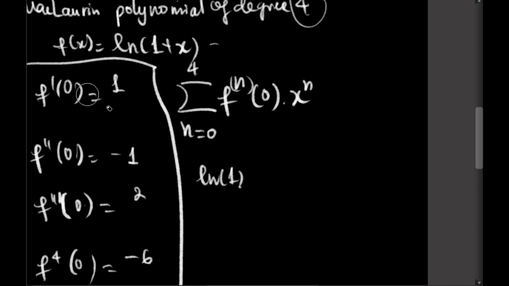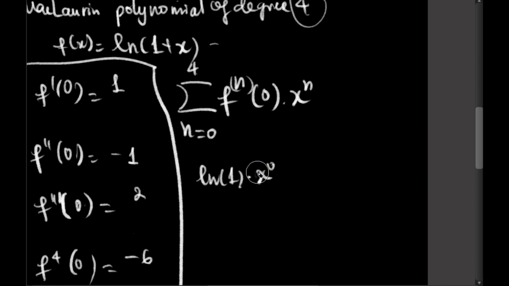Oh, I'm sorry. Yes, it's going to be equal to 0, and we need to multiply 0 by x to the power of 0.